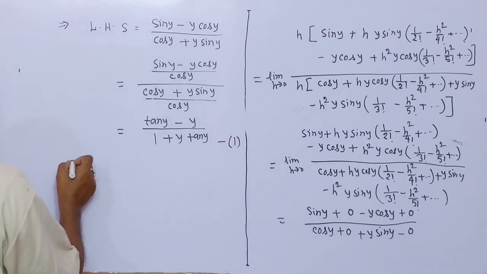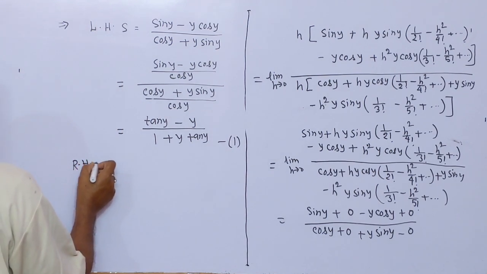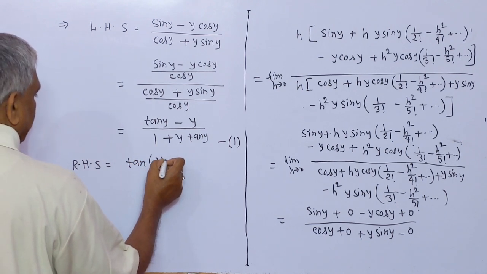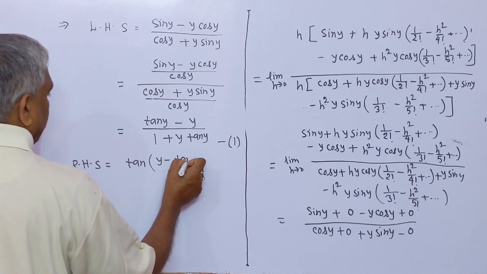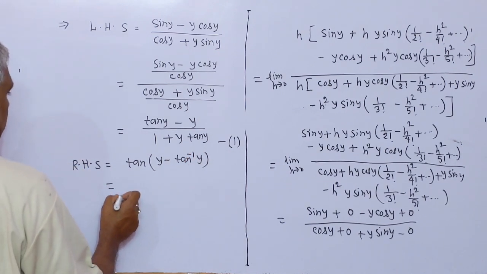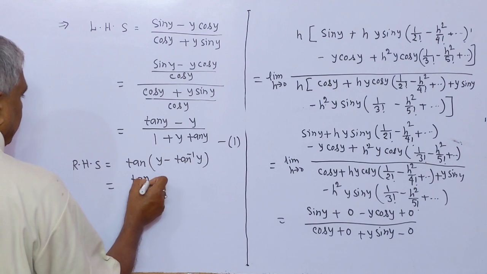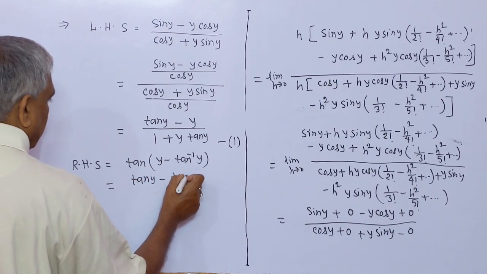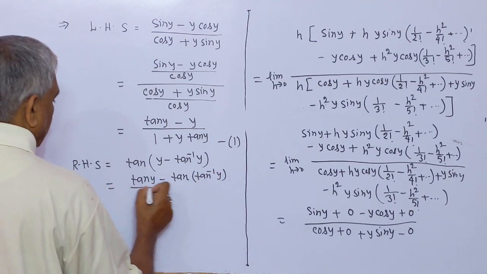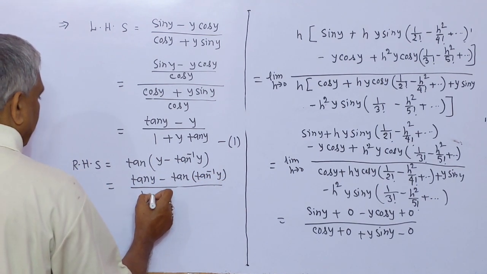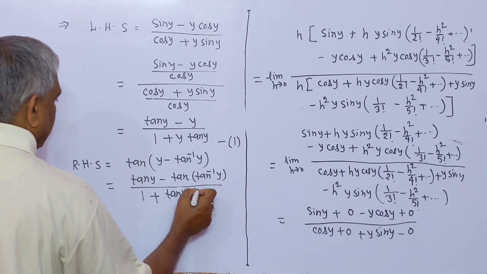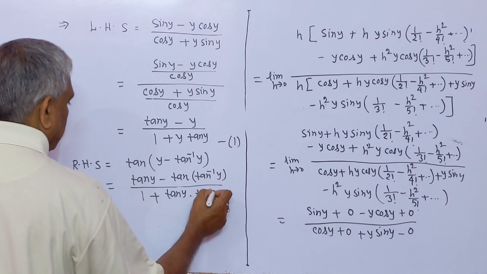1. Right hand side equal to tan y minus tan inverse y, and this equal to tan y minus tan inverse y by 1 plus tan y multiply tan inverse y.